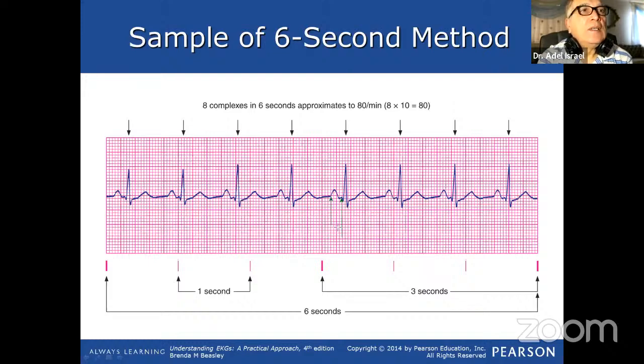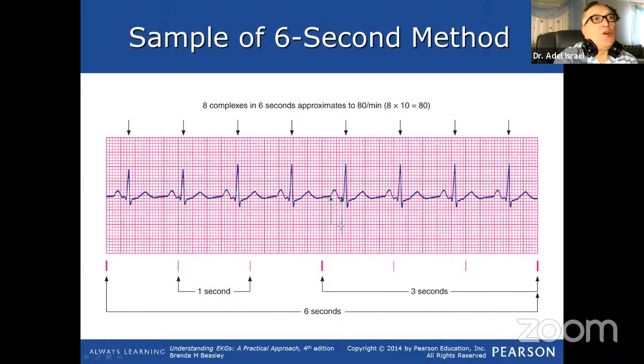It is 1, 2, 3, 4. So it is 4 small boxes. Can you see it? The PR interval here is 4 small boxes. And we know that each small box is 0.04 second. So this means the PR interval is 0.16. So it is within the normal range.